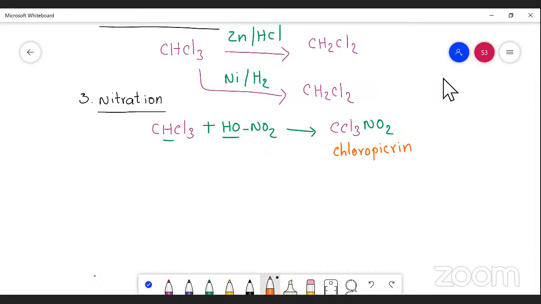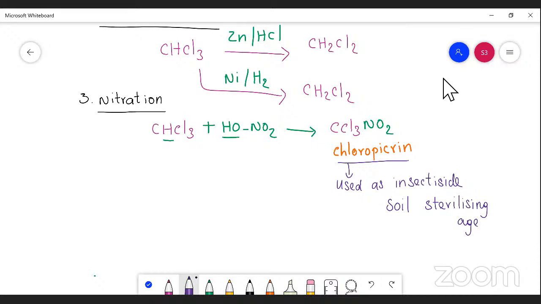Listen. Here, chloropicrin is used as an insecticide and also as a soil sterilizing agent.